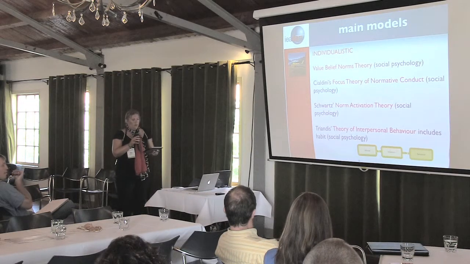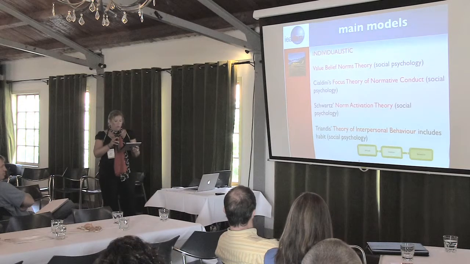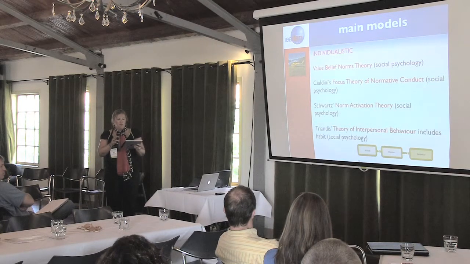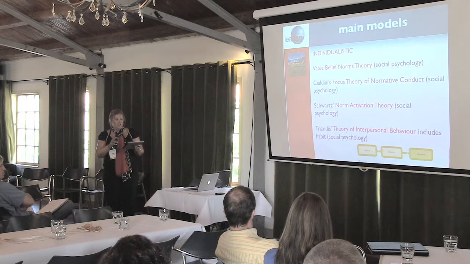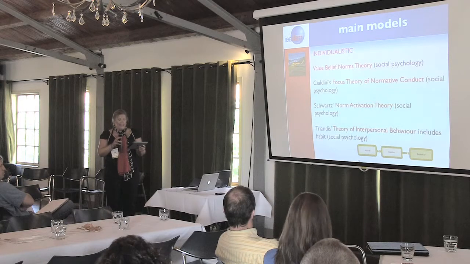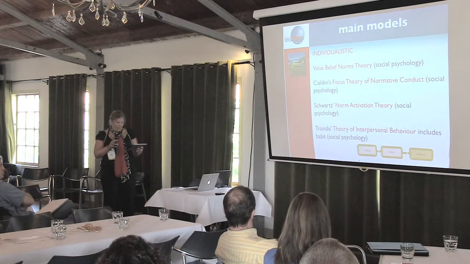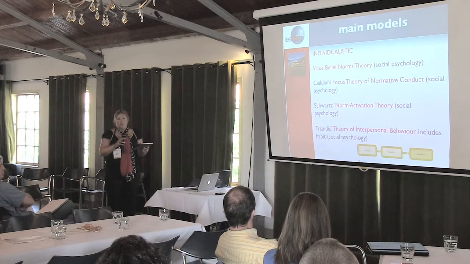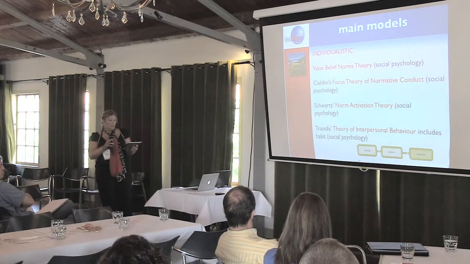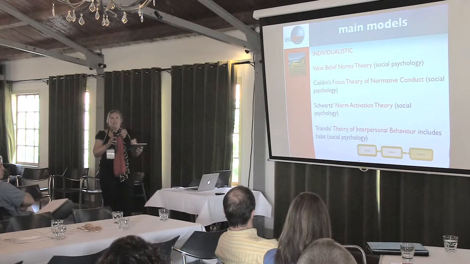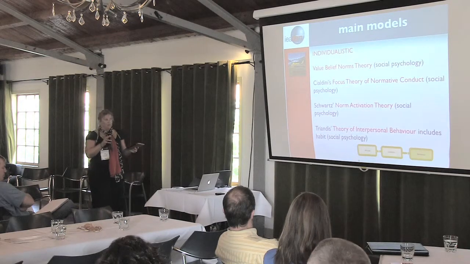Now, the value-belief norms theory is very much around norms, and that is basically a person's perception that most people who are important to him or her think that he or she should or should not perform the behavior in question. So like attitudes, norms are specific to a behavior, and there's personal and social norms. But it says that they're constantly present in the cognitive processes, but they only exert a significant influence when they become salient.